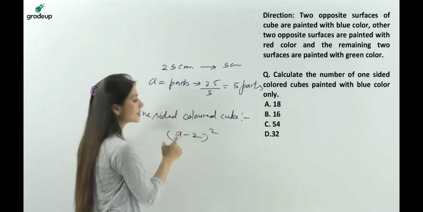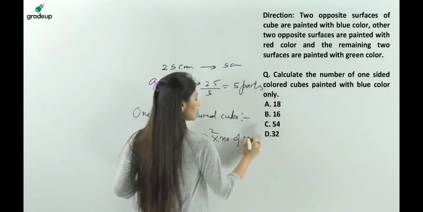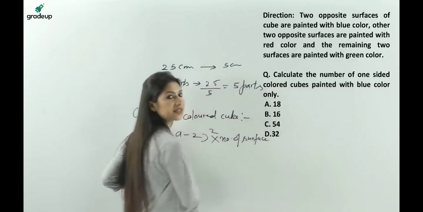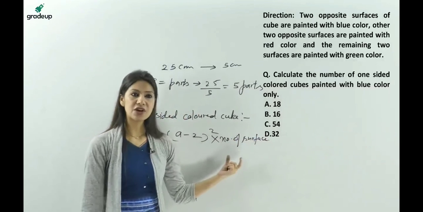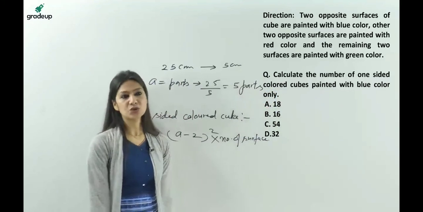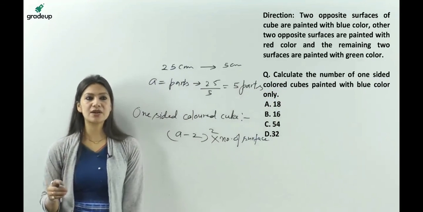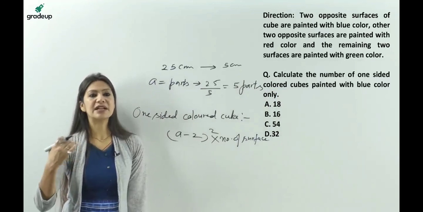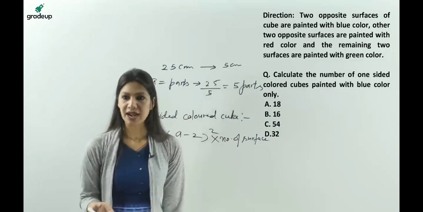That's what we obtain in a single surface, and then we multiply it by the number of surfaces. Overall the number of surfaces is always 6 in any cube, but I write number of surfaces in a generalized way because of this category of question. The question depends on a particular color, and there are multiple colors, so we have to check the number of surfaces according to that color, right?